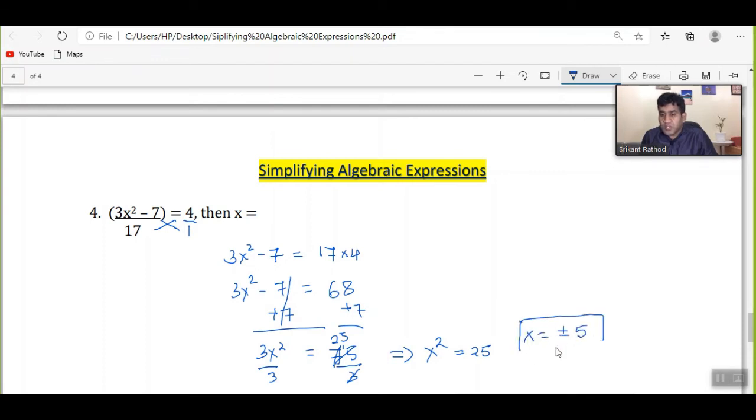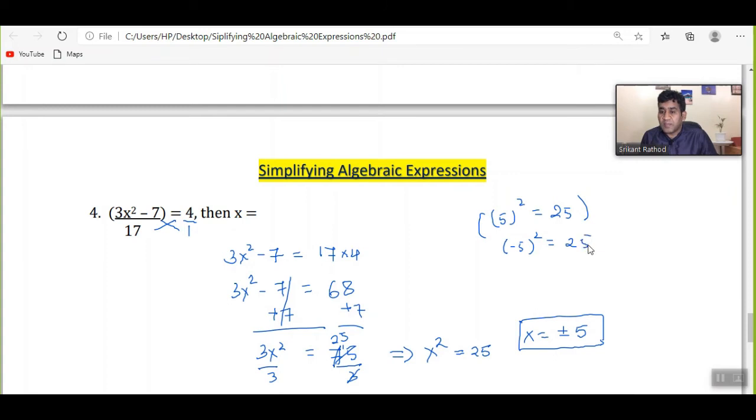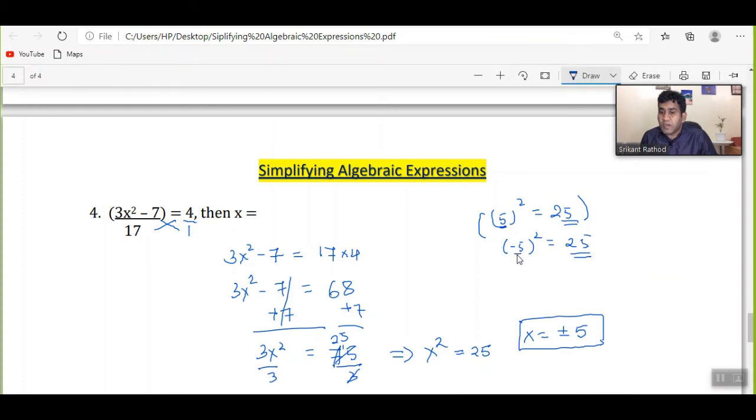Whenever you take the square root, whenever you get rid of the square, it means the value of that number may be plus or minus. Why am I saying that? Because if you take the square of 5, that makes 25, and the square of negative 5 also makes 25. I'm getting 25 as the number, but the number may be either positive 5 or negative 5.